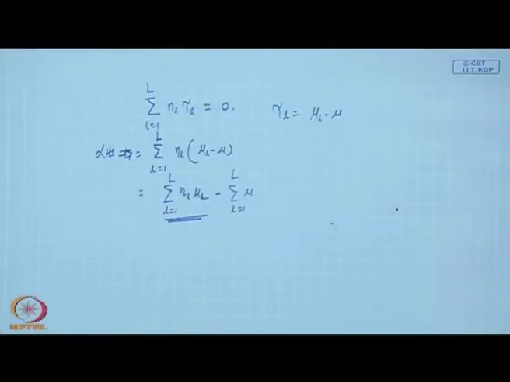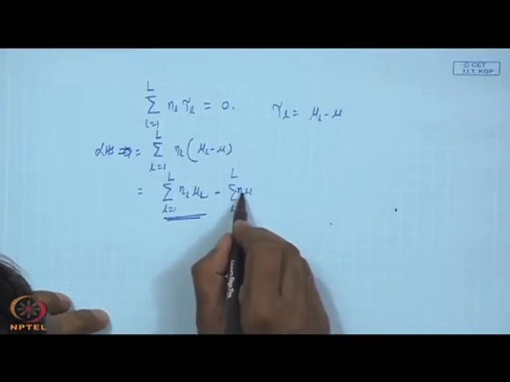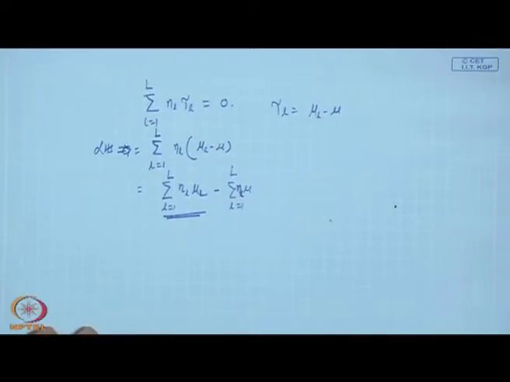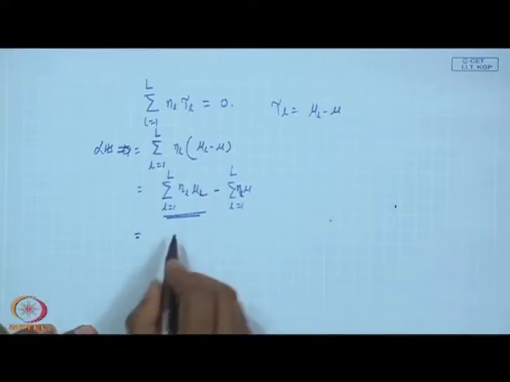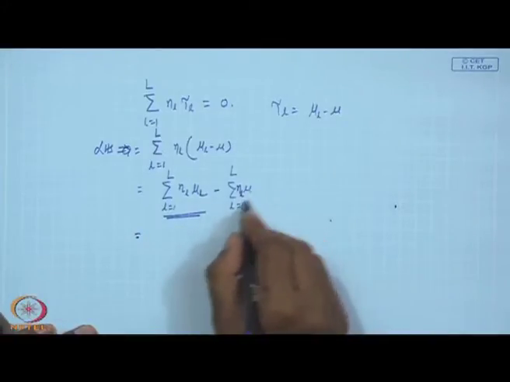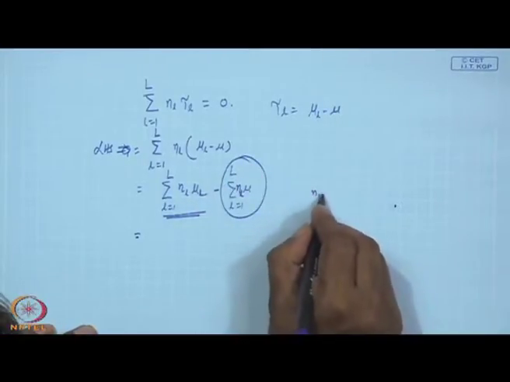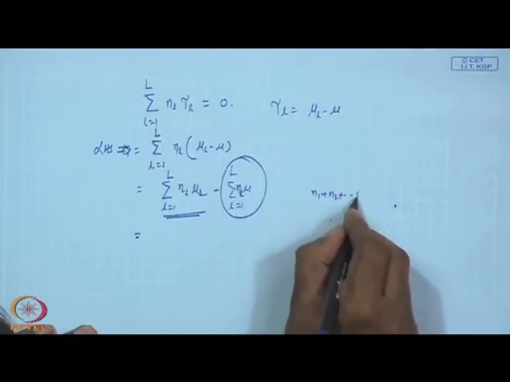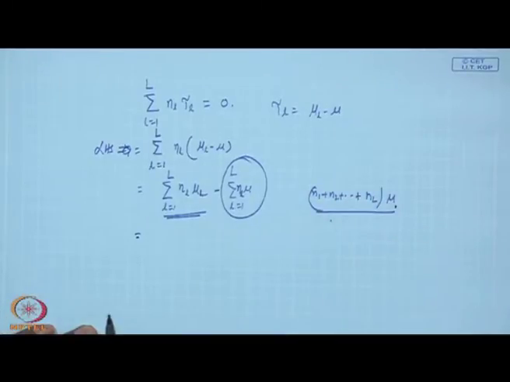Okay. And then that will be cancelled out. So, what we mean to say is that this quantity is N 1 plus N 2 plus N L into mu, yes or no?